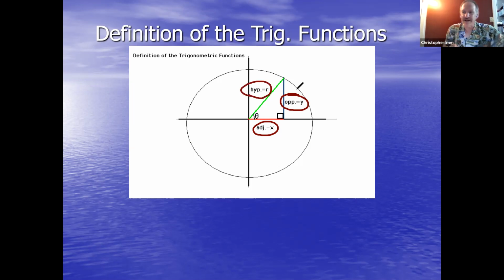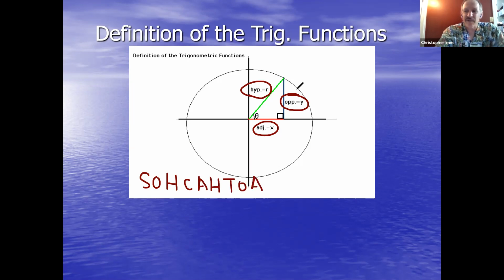Now, if you've heard anything about trig or the trig functions, or have had a course with any trig in it, you might have heard of this mnemonic, SOHCAHTOA. There will be a lot of things that we have to memorize in this class. SOHCAHTOA helps because it defines the trig functions based on those sides.